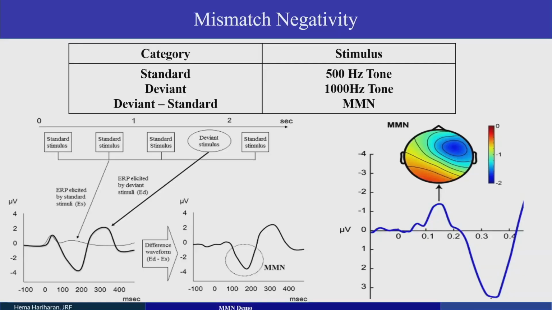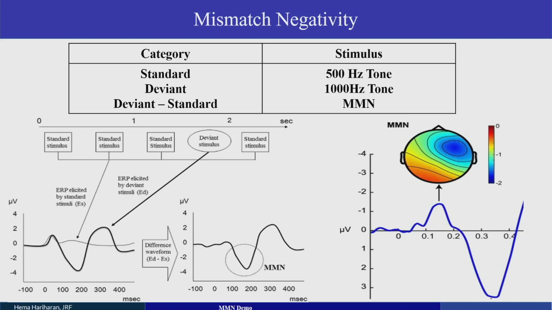In the first figure, as I showed, there are 3 standards followed by the deviant stimulus. All the standards we can average together and obtain one waveform, and all the deviants together we can average and produce another waveform.